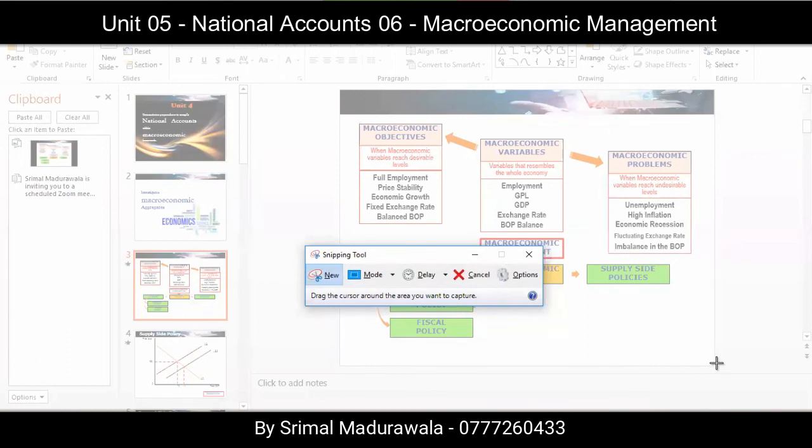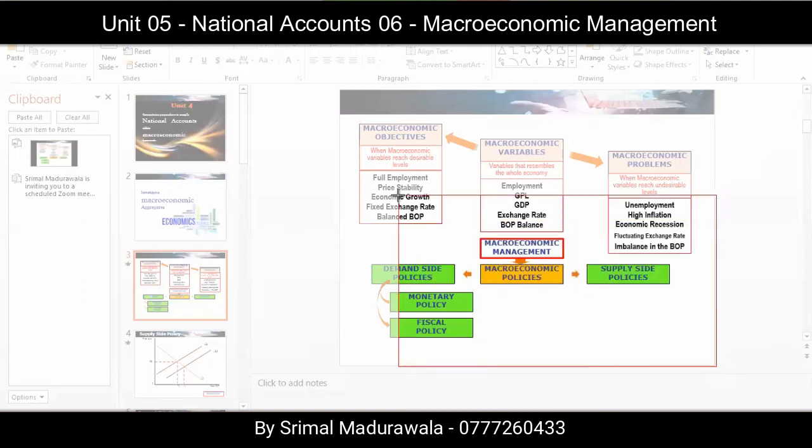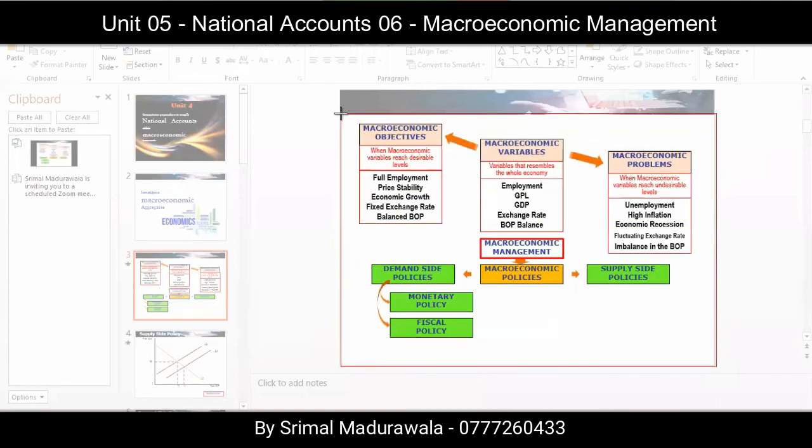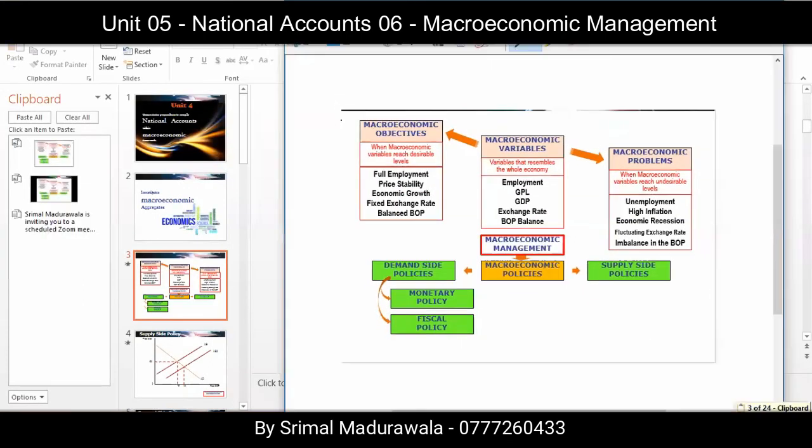Government can increase the demand in two ways. One is known as the monetary policy. The other one is fiscal policy. In the monetary policy, what they do is they increase the money supply.